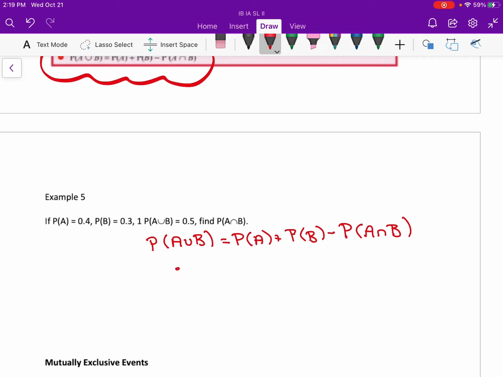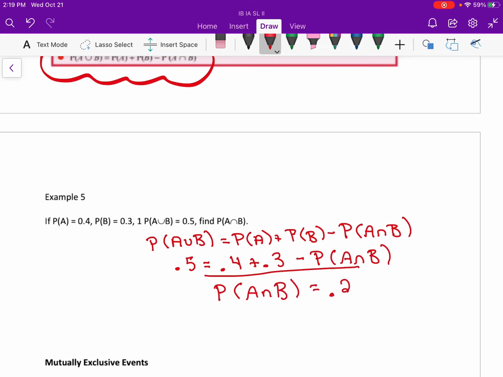So in this case, we have the union, and it equals the probability of A plus the probability of B minus the intersection. Simplify all your like terms, and you get A intersect B is 0.2.